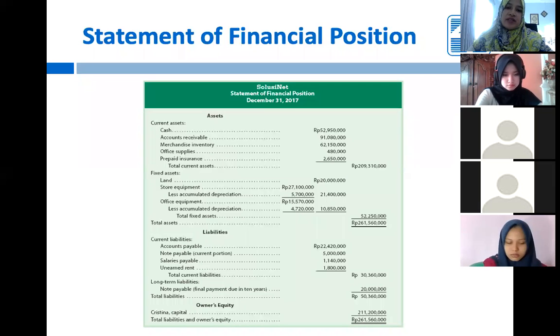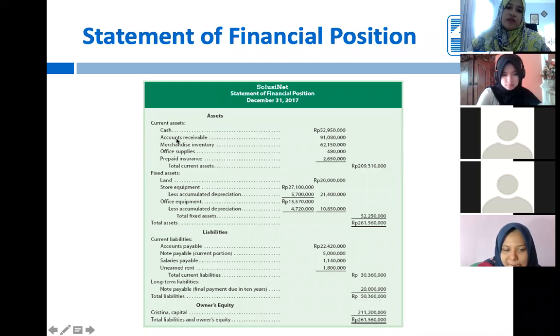Statement of financial position also has two forms. The first is the report form, or vertical form. Why is it vertical or report form? If you remember the accounting equation, assets equal liabilities plus owner's equity.